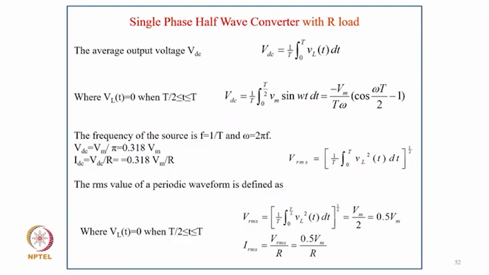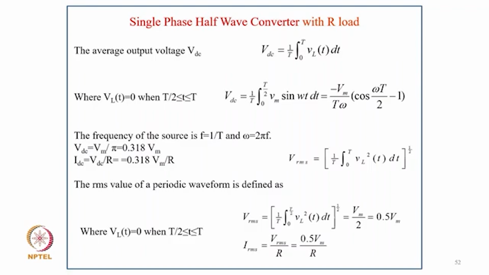So coming to the analysis, the average output voltage VDC equals 1 upon T integral 0 to T of VL(t) dt. So for VL equal to 0 for T by 2 to T, VDC is 1 upon T integral 0 to T by 2 of Vm sin omega t dt, and that becomes minus Vm upon T omega into (cos omega T by 2 minus 1). The frequency of the source F equals 1 upon T and omega equals 2 pi F. So VDC equals Vm by pi, that is 0.318 Vm, and IDC equals VDC upon R, that is 0.318 Vm upon R. VRMS equals, in brackets, 1 upon T integral 0 to T of VL squared dt, under root.